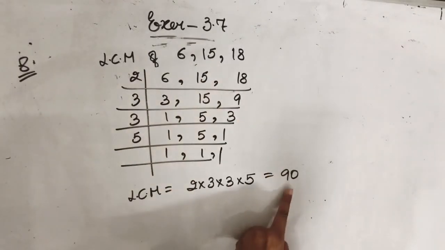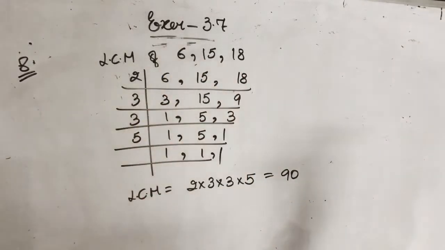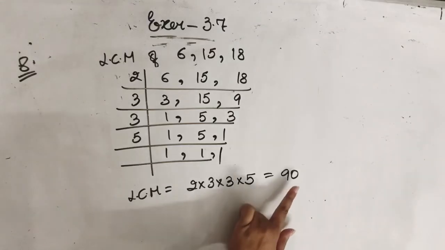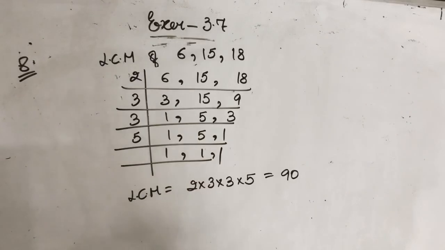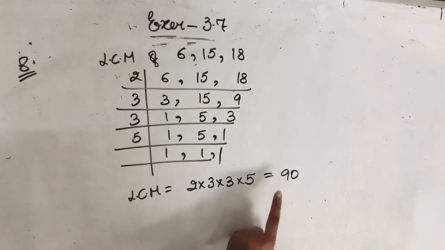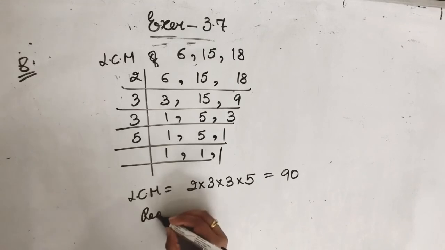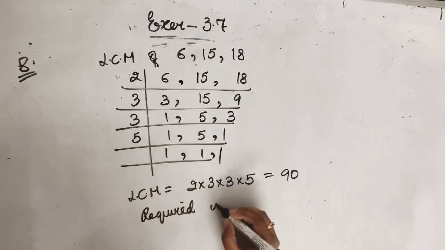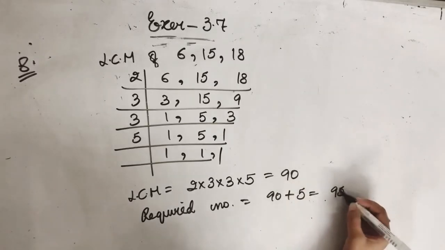It means 90 is exactly divisible by these three numbers. But in the question they have said कि remainder should be 5. It means when I divide 90 by 6, it should leave 5 as remainder, है ना? So what we have to do is add 5 to 90. So the required number will be 90 plus 5, that is 95.